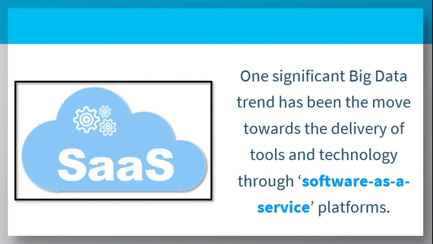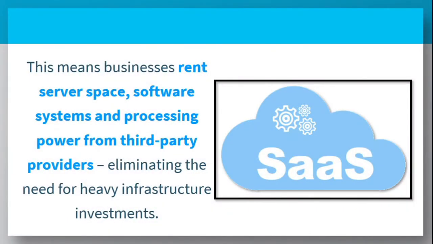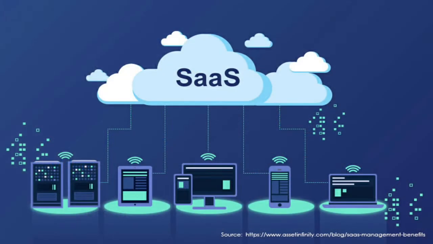And at the same time, how can we harness big data, right? One significant big data trend that has moved towards the delivery of tools and technology is what we call SaaS, or Software as a Service Platform. What is this? Software as a Service Platform means that business operators, small or medium scale business, or even large scale business, have already eliminated the need for infrastructure investment, right?